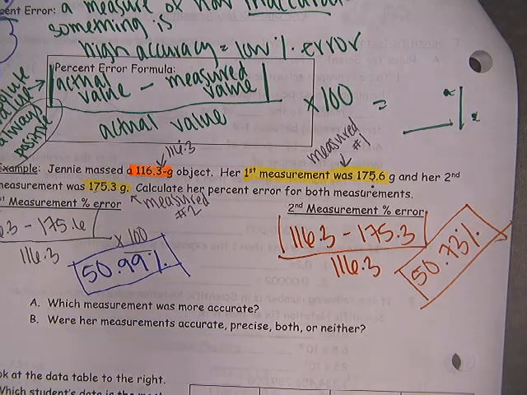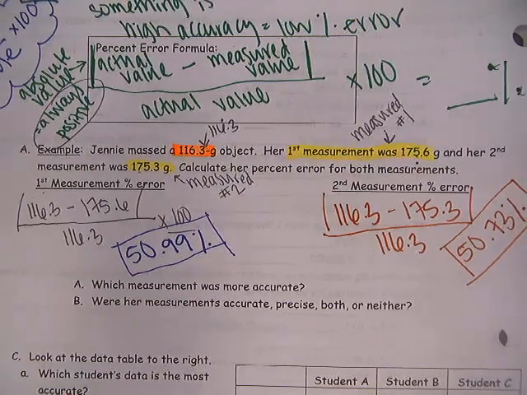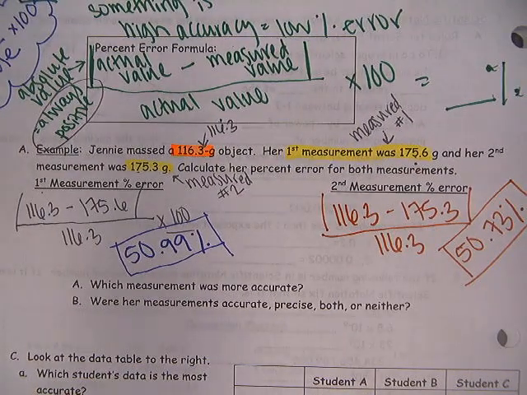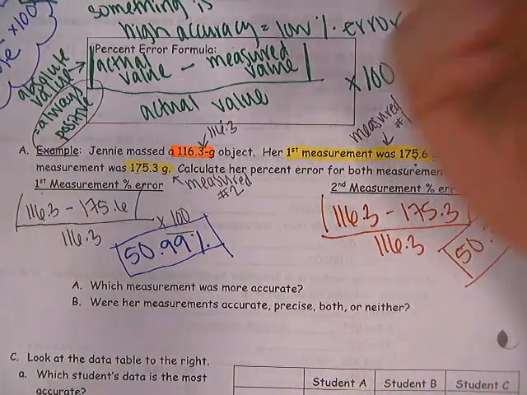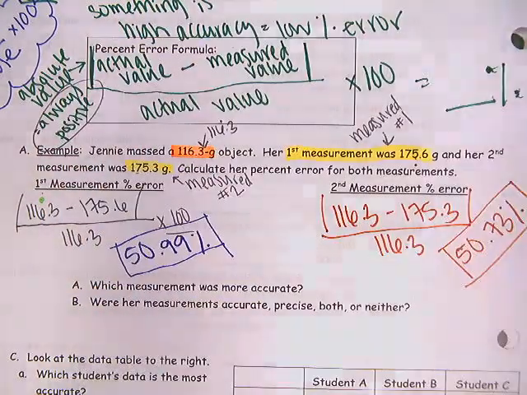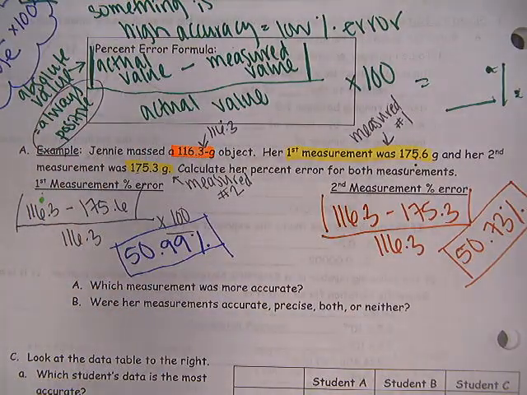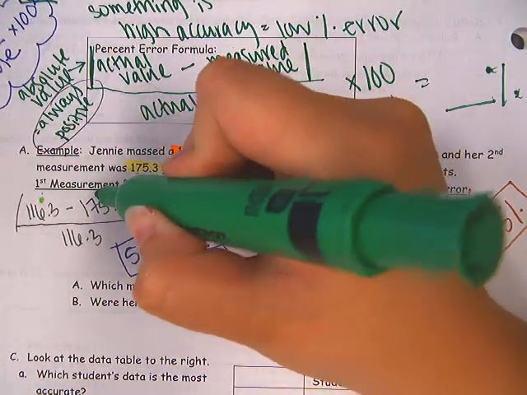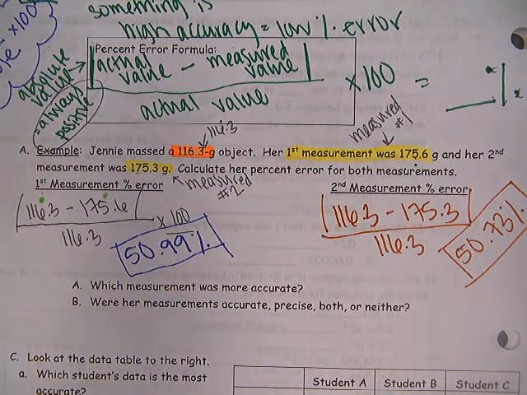The other thing that I want you to know is how you're going to be graded on these questions. Whenever we do math in this class, I give you as much partial credit as I can possibly give you. So you will always get a point for the correct number in the correct place in the equation. You'll get another point for the correct number in the correct place in the equation. You'll get another point for this correct number in the correct place in the equation.